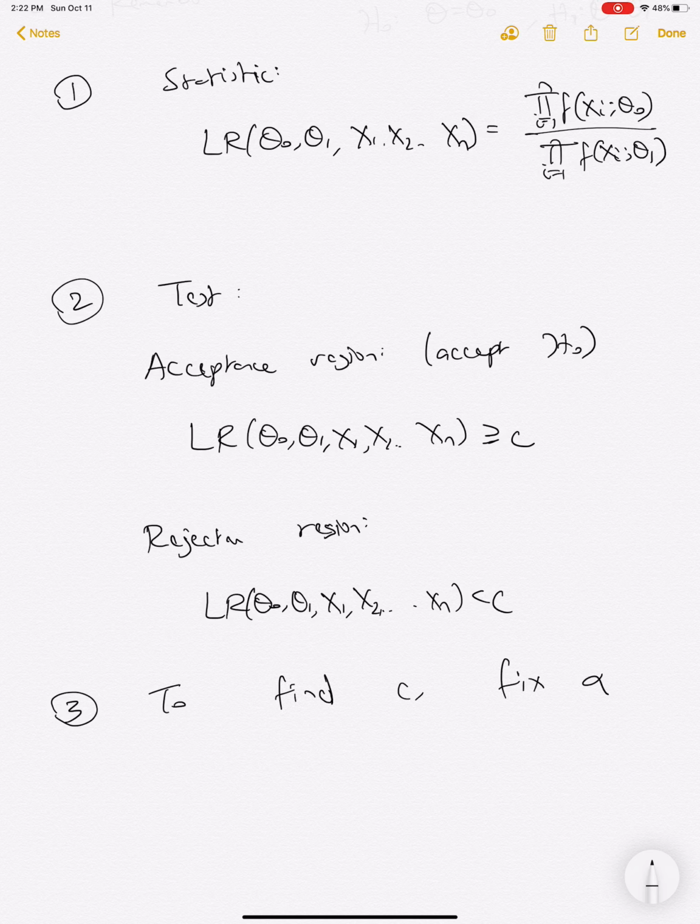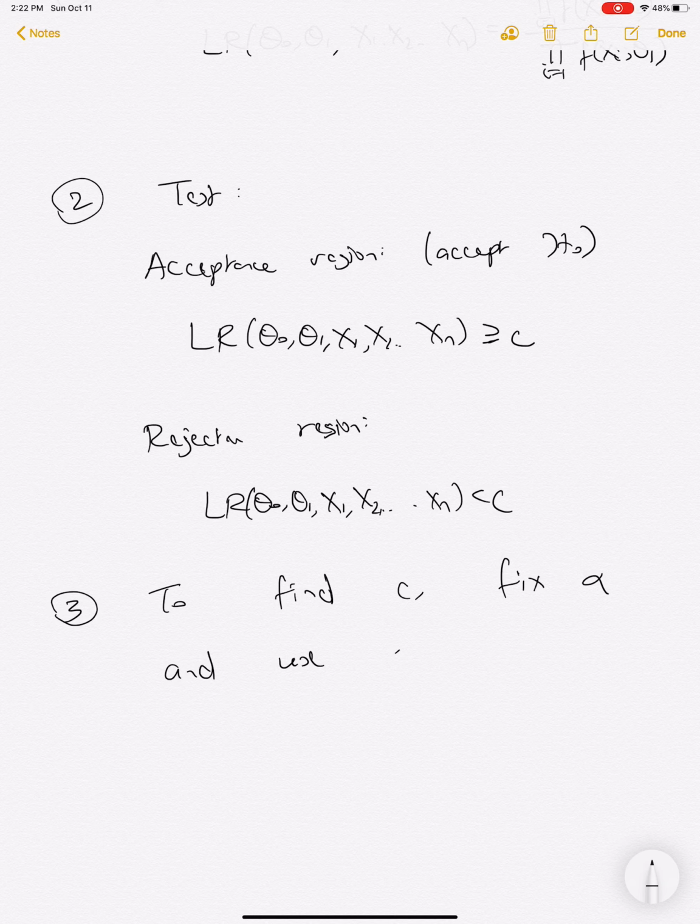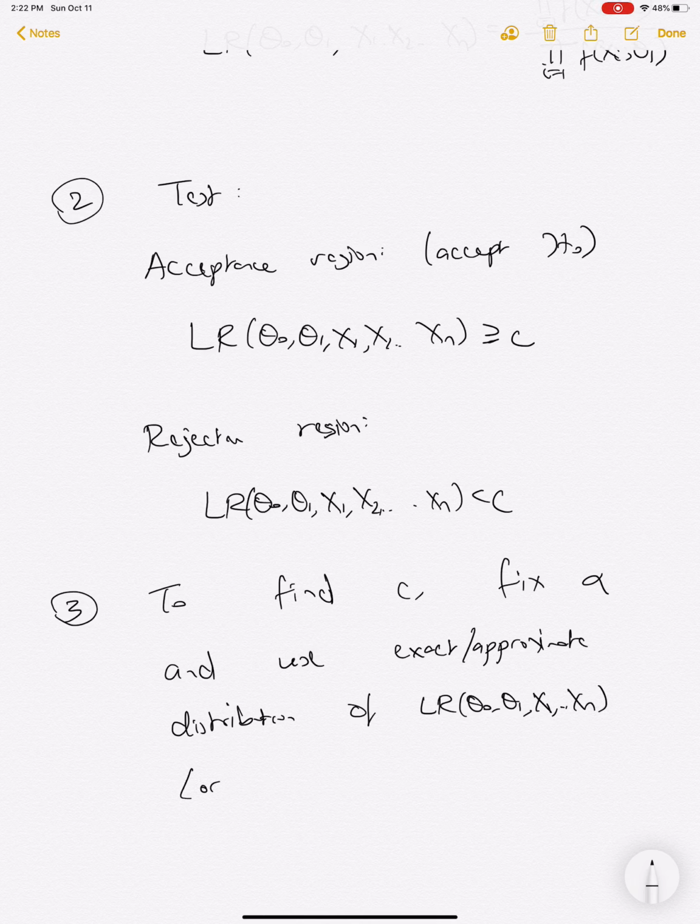fix an alpha and use the exact or approximate distribution of the likelihood ratio, or equivalent.